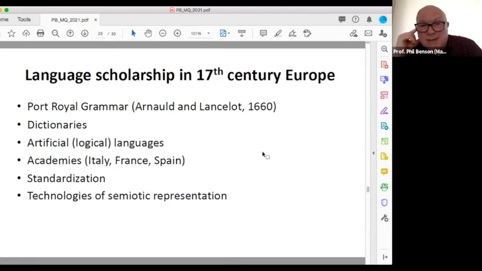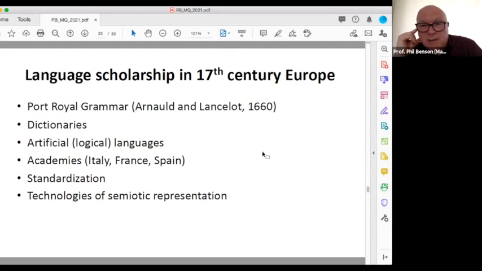There were a whole number of dictionaries. This was the period in which the monolingual dictionary, the dictionary of a single language, first appeared. As I said earlier, there was a bit of a craze for creating artificial or logical languages. There were academies, particularly in Italy, France, and a bit later in Spain.